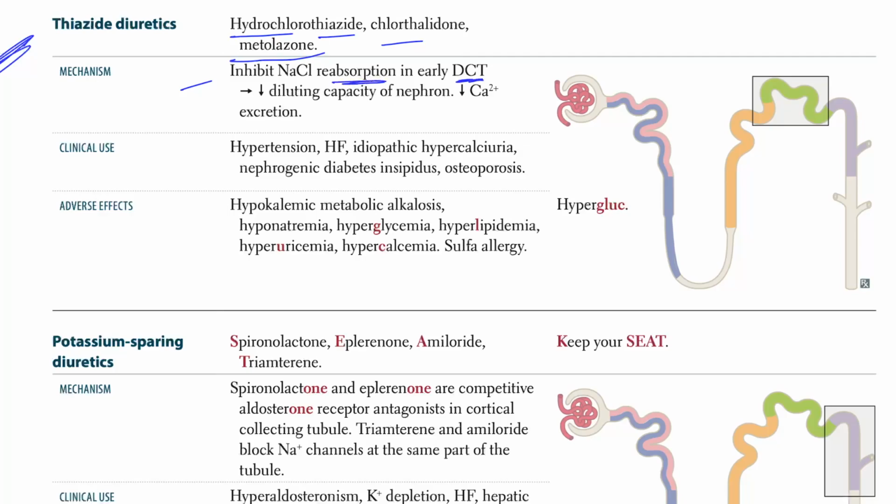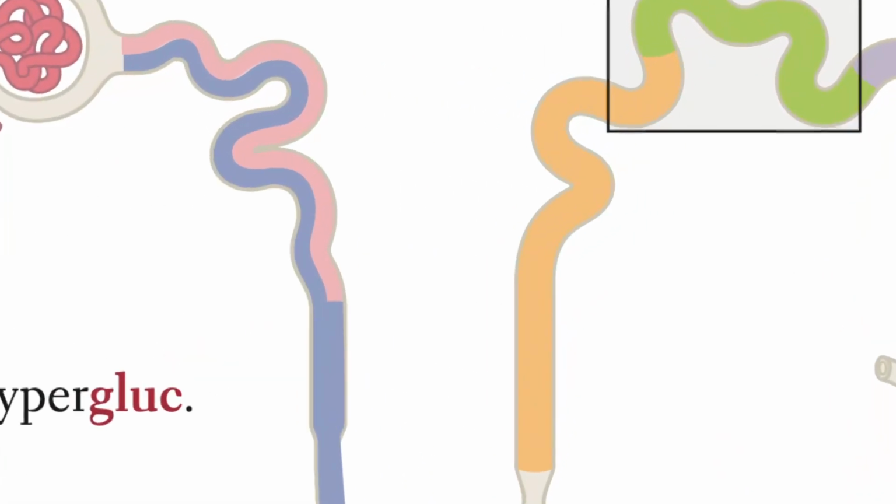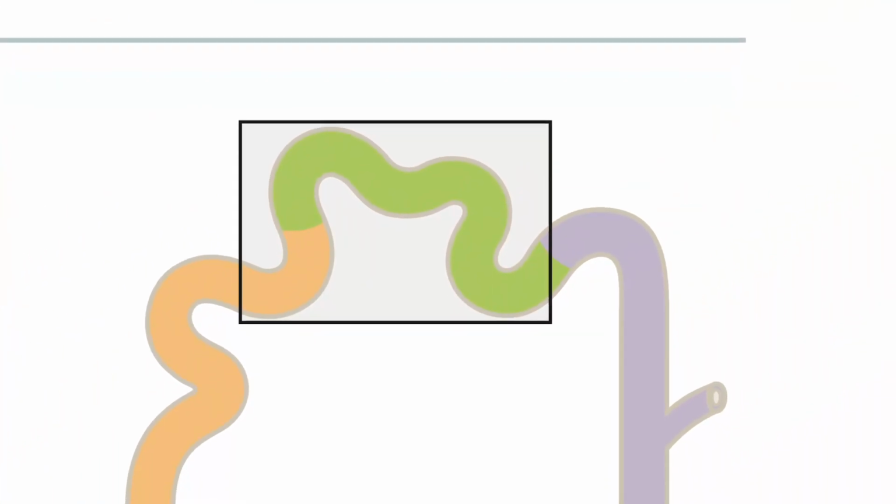We have a channel here that reabsorbs the sodium and the chloride from the urine.